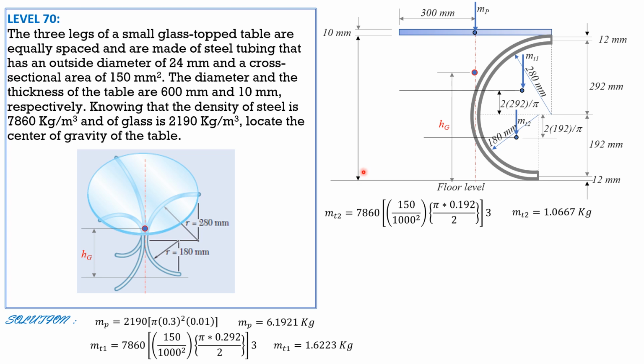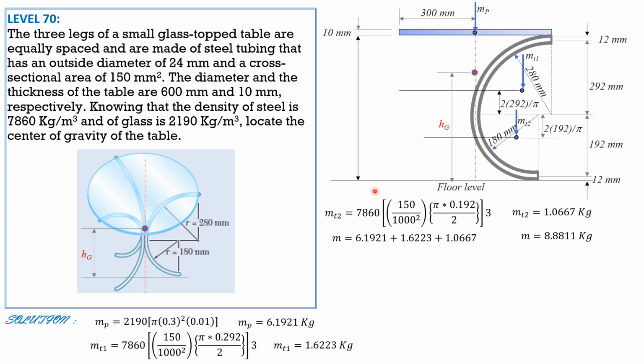So the distance from here to here, bottom surface of the circular table, is 12 plus 192 plus 292 plus 12, and that is 508. So the total mass therefore is 6.1921 plus 1.6223 plus 1.0667. So it is 8.8811 kilograms.